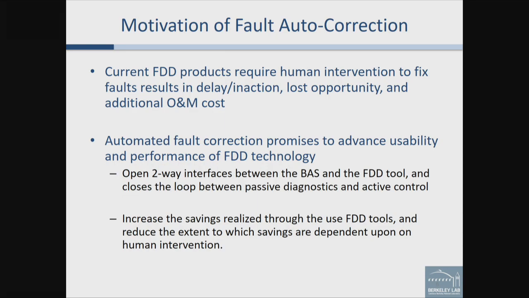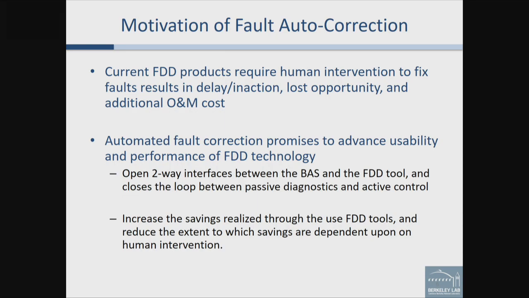So you are already there. So this can make this open loop, which relies on the human to fix things, into a closed loop to achieve the savings more quickly and more easily. And this is the motivation of this project.